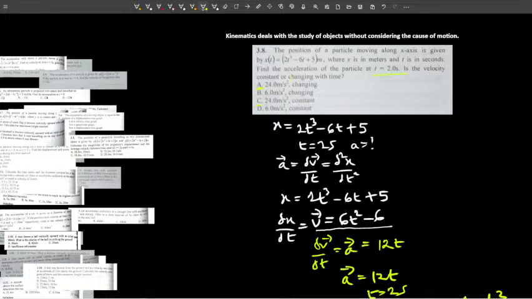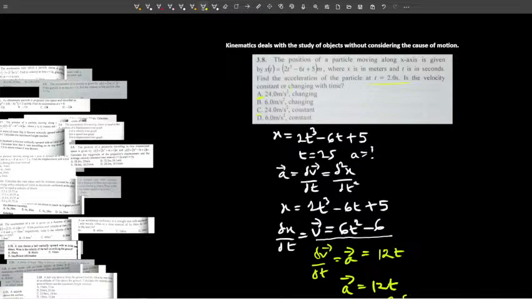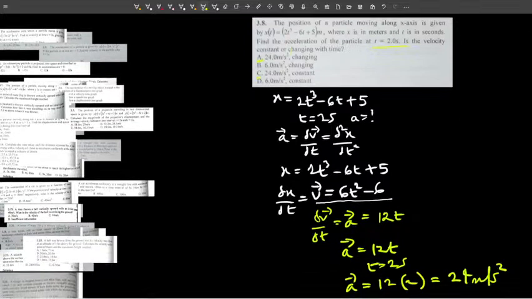If velocity is changing, it means there is acceleration, and that also is changing. So my answer is A, if the velocity is changing.